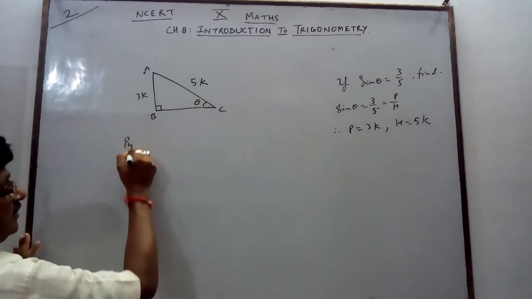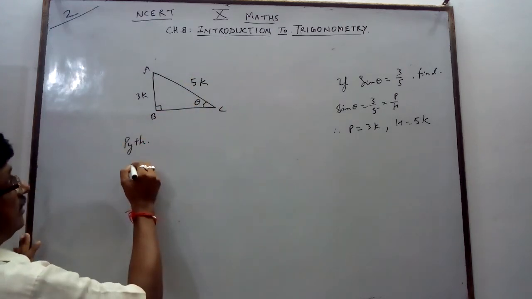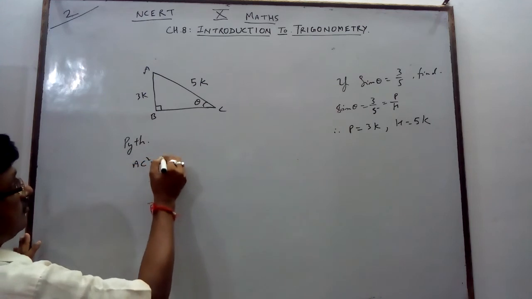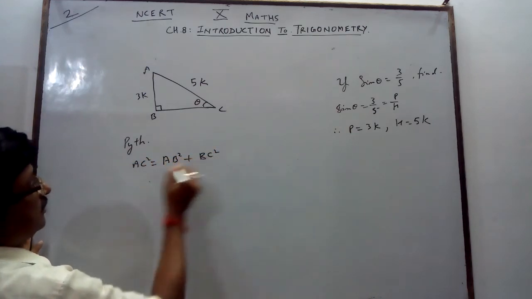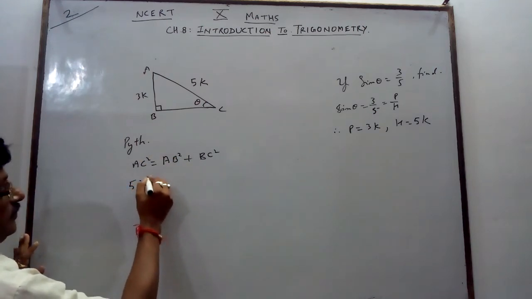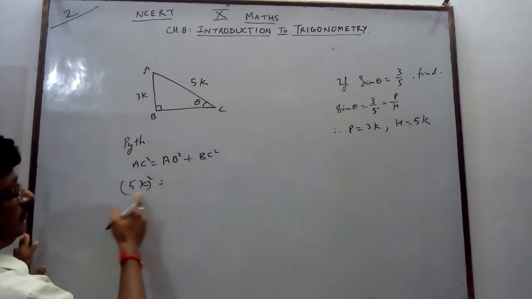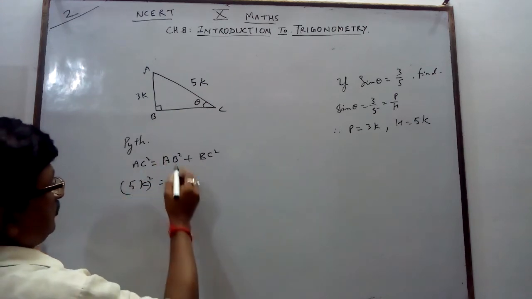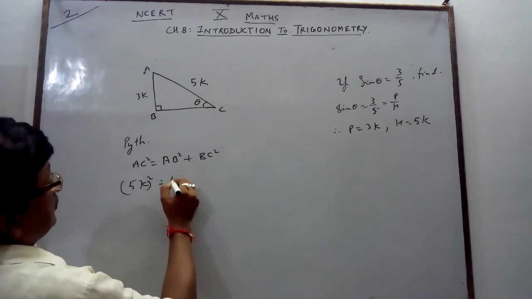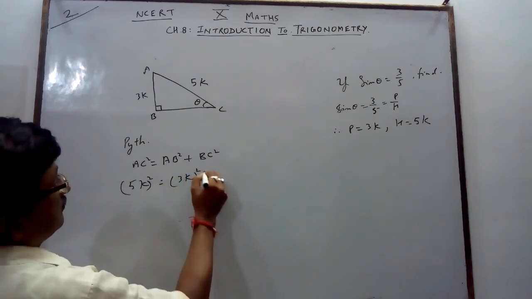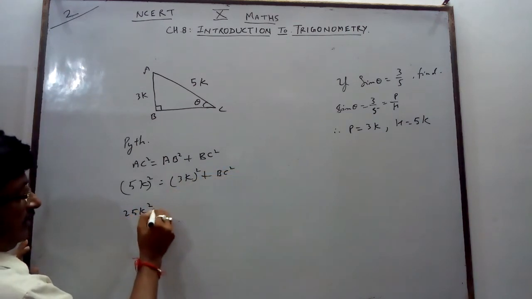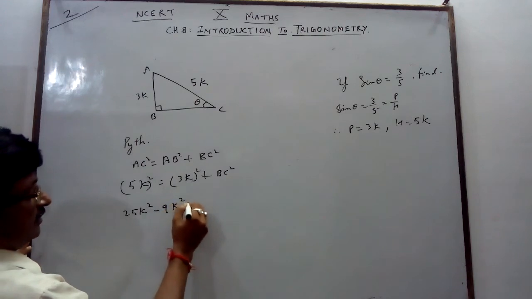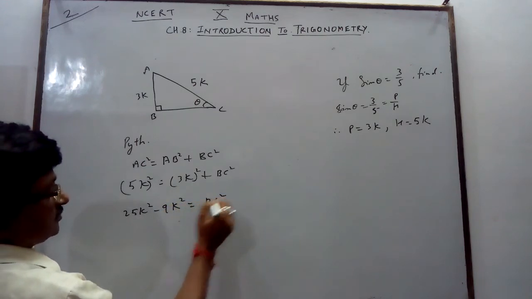Apply the Pythagoras theorem. Hypotenuse square is equal to perpendicular square plus base square. Put the values here: (5K) square in brackets is equal to (3K) square plus BC square. 25K square minus 9K square gives you BC square.